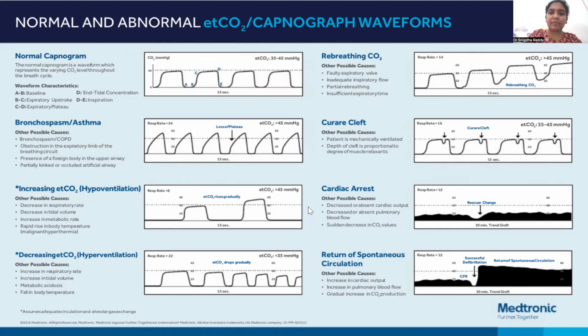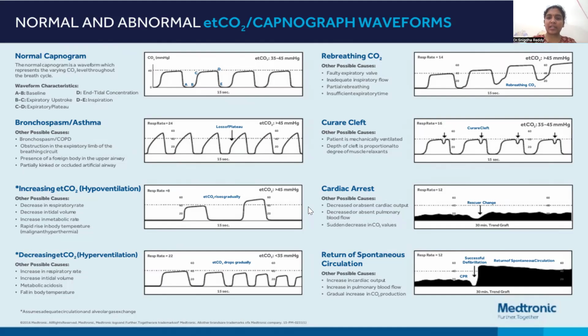And this curare cleft, which we missed earlier, the typical notch is seen in the alveolar plateau. It shows that the patient is trying to inspire on his own, taking spontaneous efforts. During the spontaneous efforts, the exhaled gas is little, right? So there is a notch seen in the alveolar plateau. These are curare clefts, seen in a spontaneously breathing patient who is mechanically ventilated.